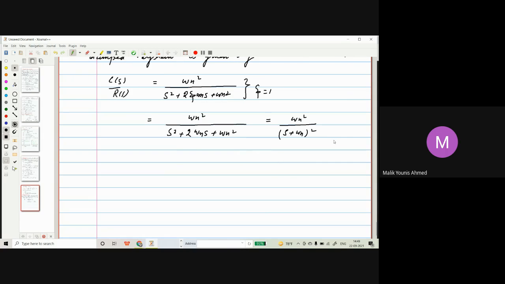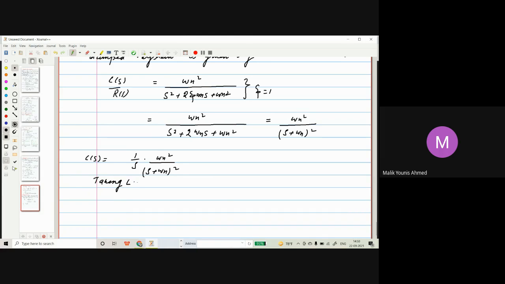Using the step input, R of s is 1 by s, so we get omega n square divided by s times s plus omega n whole square. We can use partial fractions again and take the Laplace inverse; you can do that yourself.